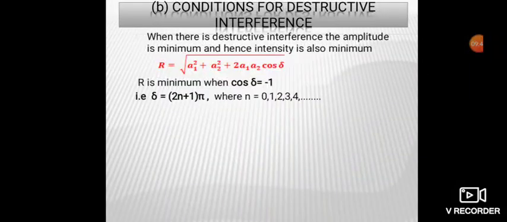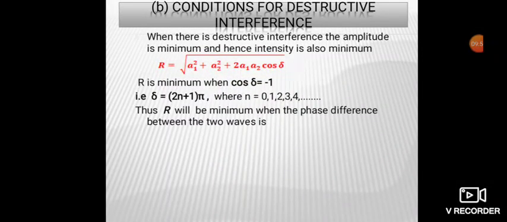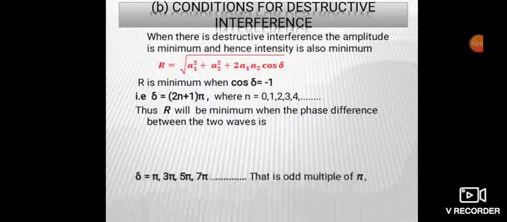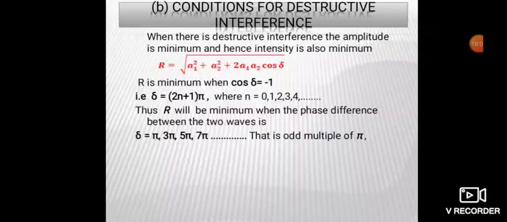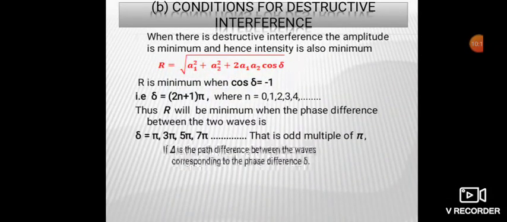When cos delta is minus 1, delta is equal to (2n plus 1) pi, where n is equal to 0, 1, 2, 3 and so on. Thus, R will be minimum when the phase difference between the two waves is pi, 3 pi, 5 pi, 7 pi and so on. That is, an odd multiple of pi.